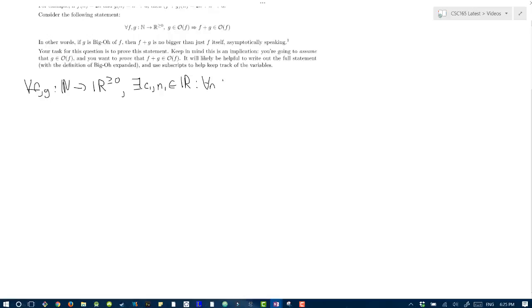So for n larger than or equal to n1, g of n is smaller than or equal to c1 times f of n. And we have this whole statement.